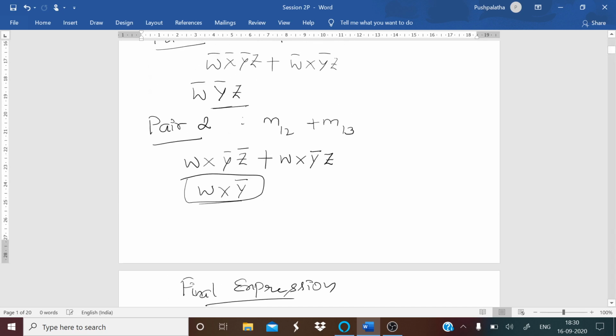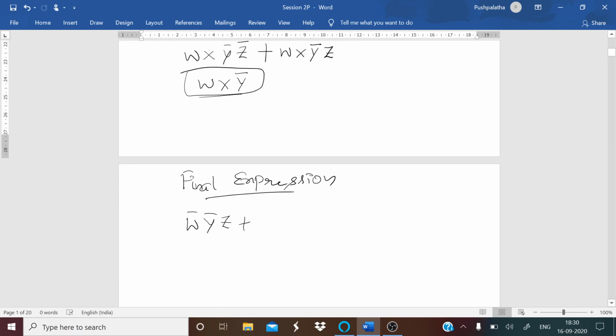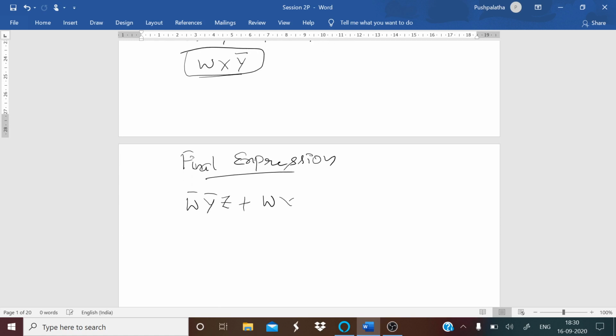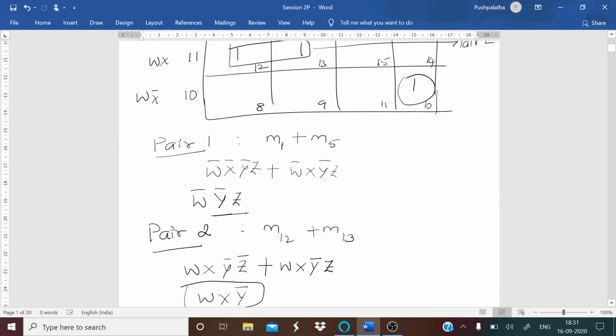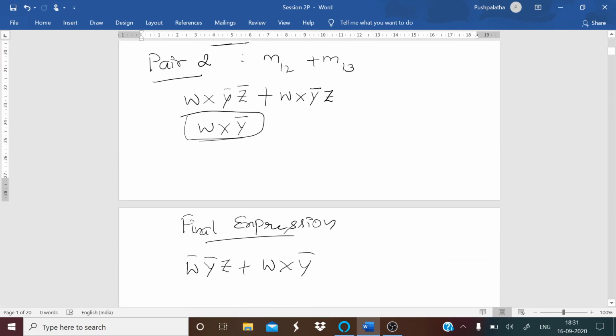Final expression is W bar Y bar Z plus W X Y bar, and whatever remaining term you have over here, this one, that will be W X bar Y Z bar.